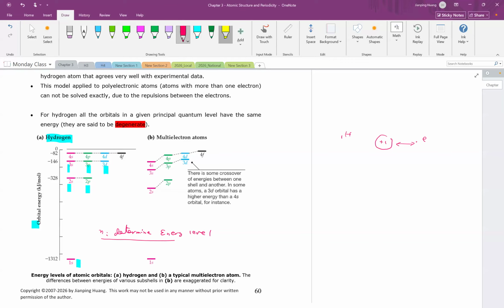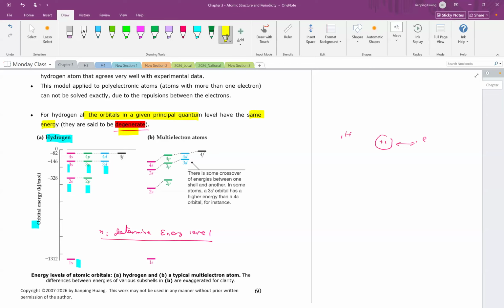Only N determines the energy level. So in other words, for the same N, the orbitals have the same energy: 4s, 4p, 4d, 4f. Those orbitals we call degenerate. All orbitals in a given principal quantum number have the same energy, and we call it degenerate. Now, make a note.